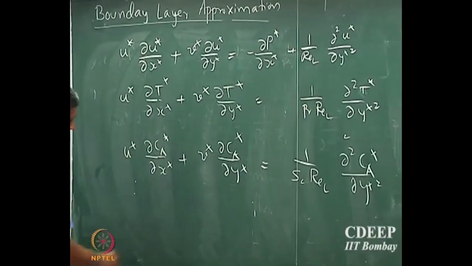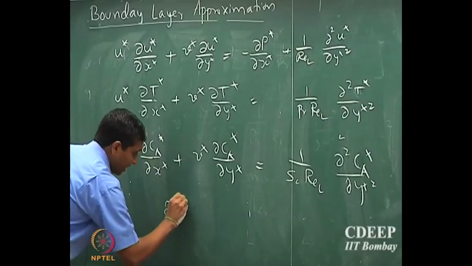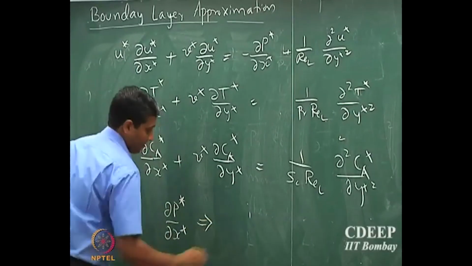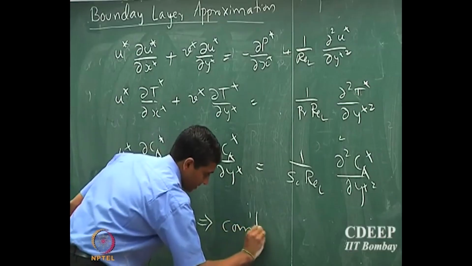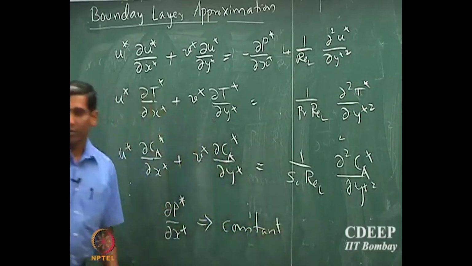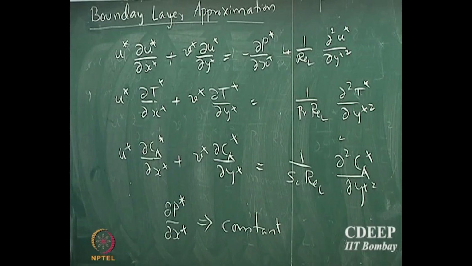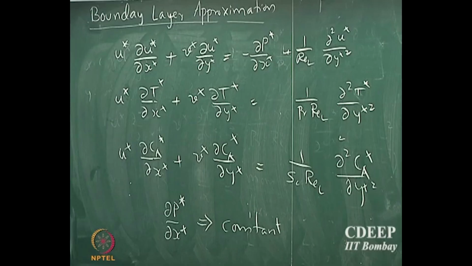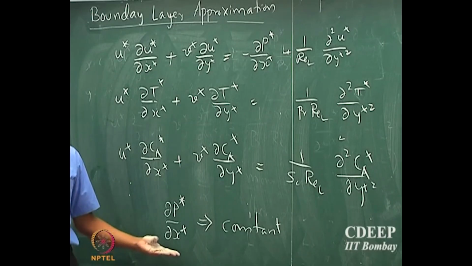Okay. So if I know dp star by dx star... okay, so note that I am pumping the fluid, right? So it's a forced convection where I am pumping the fluid. So if I assume that it's a steady state where the fluid is flowing at a constant pressure drop, then it's fair to assume that the pressure gradient is constant.